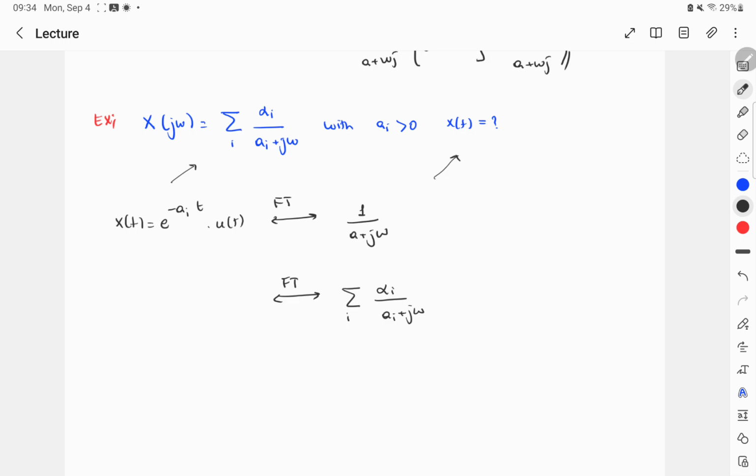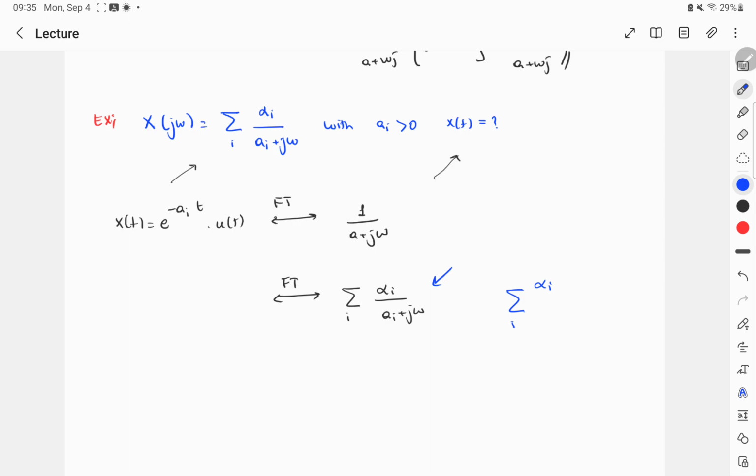So here we can see a similarity. What is the difference? Here, the second Fourier transform is multiplied with alpha i and then is also summed up over a period of i, right? And as we know, the Fourier transform has the linearity property.